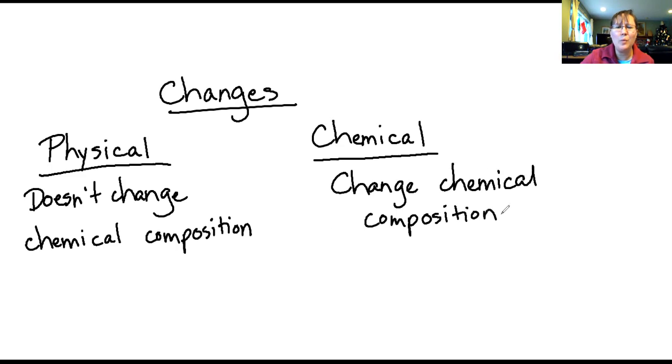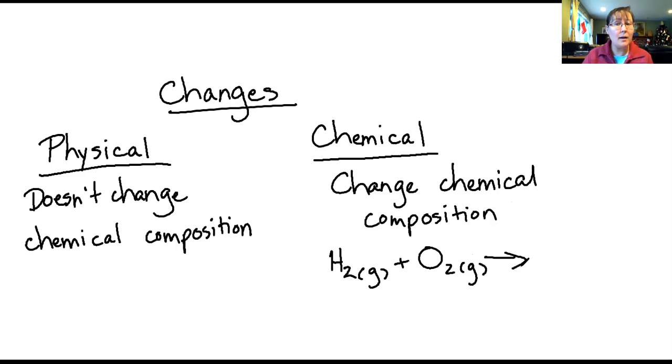So you might be saying, well, wait a minute, but you said that those were sometimes reversible. And the examples I gave you were not. And that's true. Burning wood in a campfire or baking cookies is irreversible. It's not something that we can just send back the other direction. But there are a lot of chemical changes that are. For example, making water. You can take hydrogen and oxygen and give them a spark, a little bit of flame, and make water.